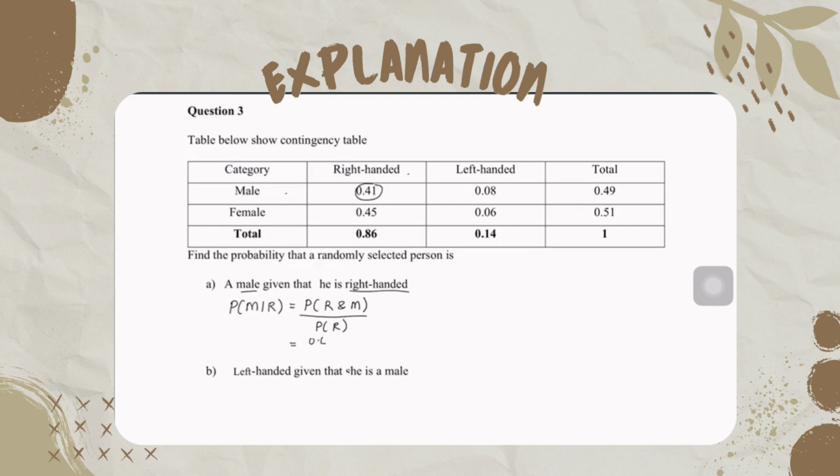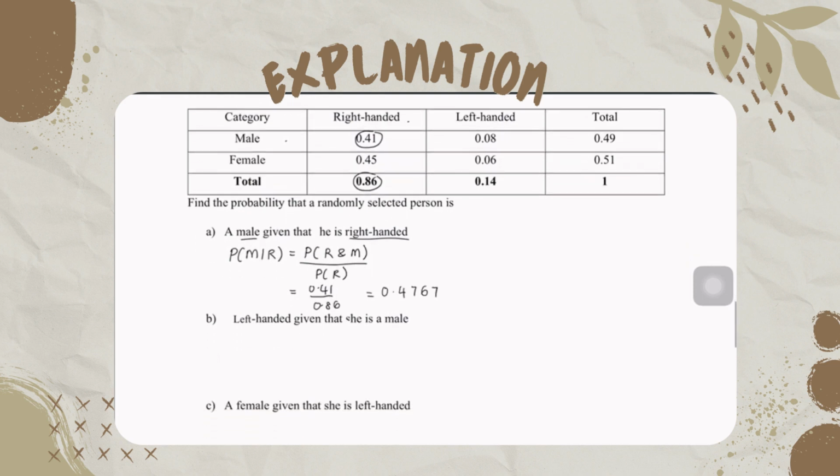From the table, 0.41 divided by the total 0.86, and the answer is 0.4767.